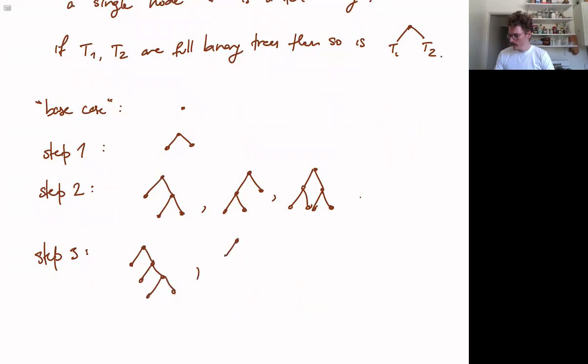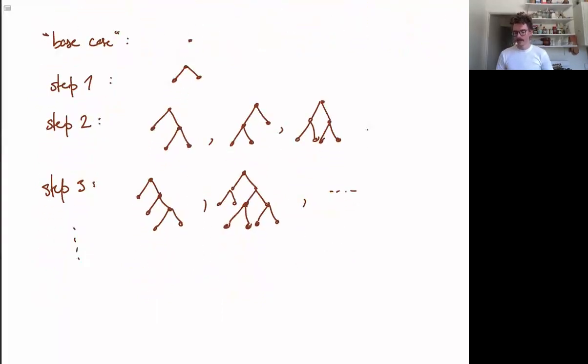Or maybe on the first leg, we put this thing, and then on the second leg, we put this thing. So what do we get when we do that? It looks like this, and then this looks like this. And in this step, we have many more. And many more steps, of course.